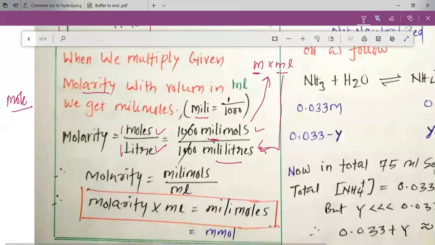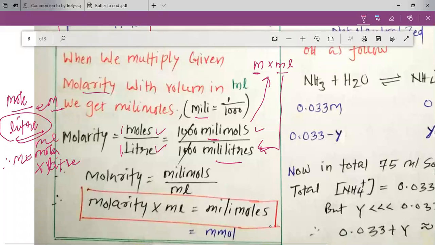You know that very well, that moles per liter is equal to molarity, and therefore mole is equal to molarity multiplied by volume in liter. But if you multiply, instead of liter, with the ml, then moles turns out to be millimole.